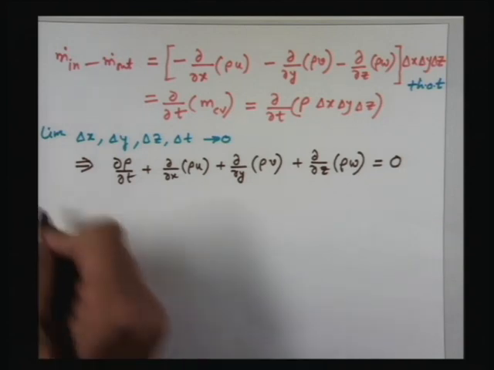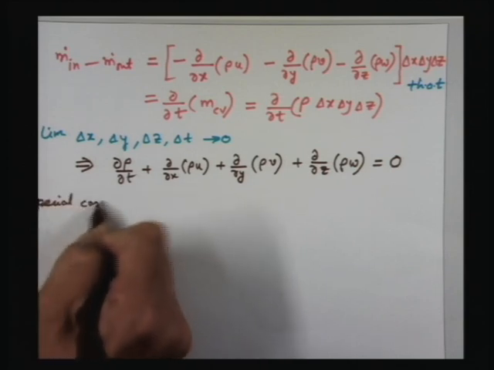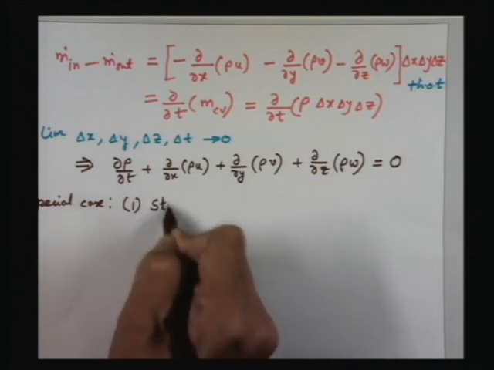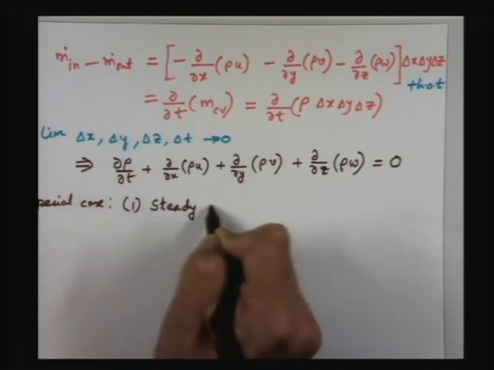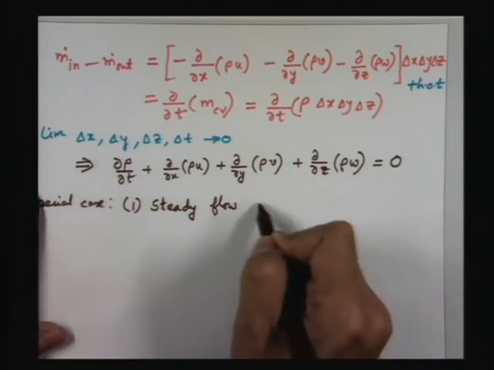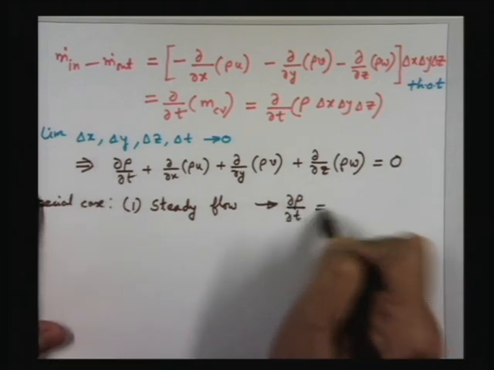Now there are special cases. Steady flow. Steady flow means fluid properties and flow velocities at a given location don't change with time. Therefore, density at a given location does not change with time. So this will be 0.